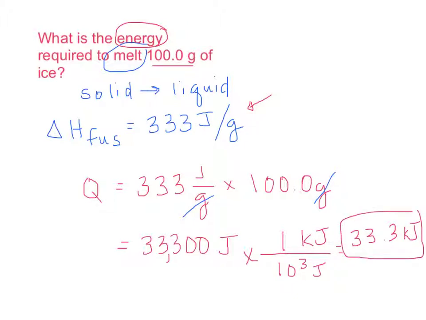All right, so what if we want to involve something that's changing state and changing temperature? So let's have a look at one of those problems next. So when we are trying to change state and temperature, we are going to have to use two different values from our graph.